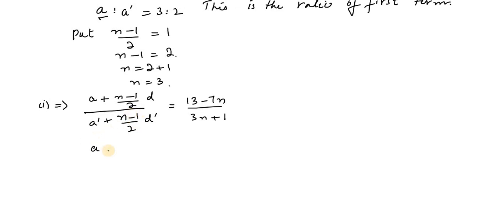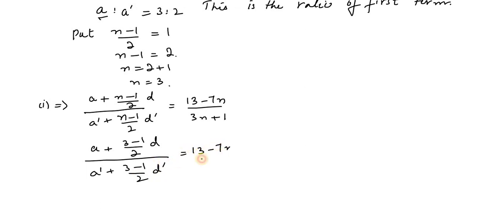Here we put the value of n as 3: 3 minus 1 upon 2 d upon a dash plus 3 minus 1 upon 2 d dash is equal to 13 minus 7n upon 3n plus 1.